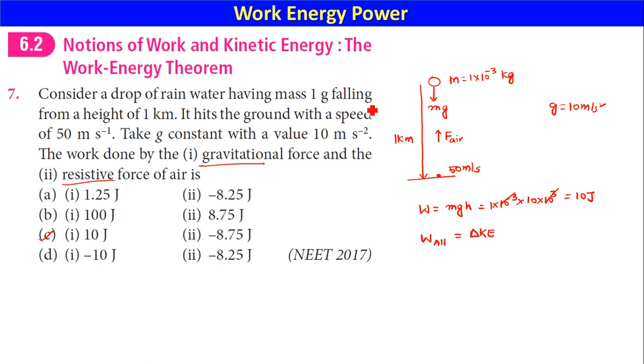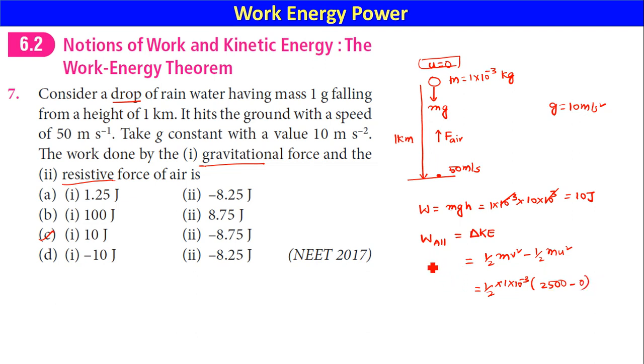Initially the raindrop is just dropping, nobody is applying any force there, no acceleration as such, so initially velocity is 0. Final velocity is this. So now half m v square is the final kinetic energy, half m u square is the initial kinetic energy. I can take m common, that is 1 into 10 power minus 3 into v square, which is nothing but 2500, 50 whole square, minus u is 0 anyway, forget about that.